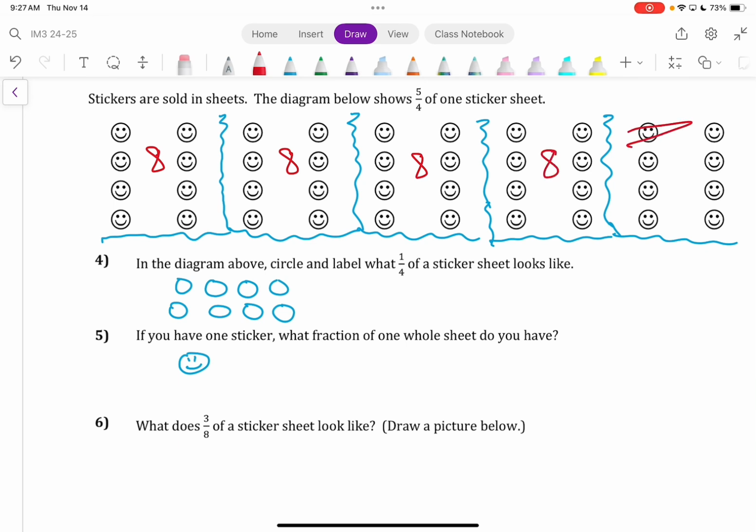So ignore these for now. Let's just do these groups right here. How many total stickers would I have? 32. So one whole sheet is made up of 32 stickers, which means if you just take one sticker, the sticker is actually 1 out of 32. It's 1/32. That's what it is.